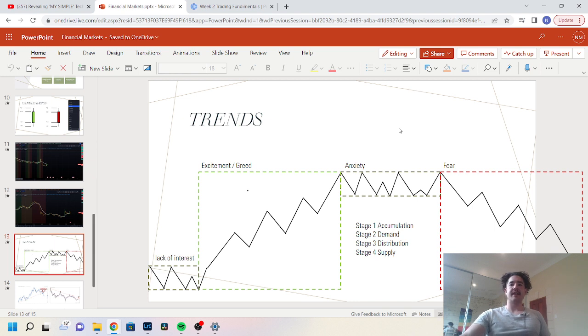And then the last stage is fear. So fear, is it going to keep going down? What's going to be happening? Is it going to be like this forever? Look, like I said before, traders can make money in both markets. So both of these are what you want. Trending markets make money, essentially.